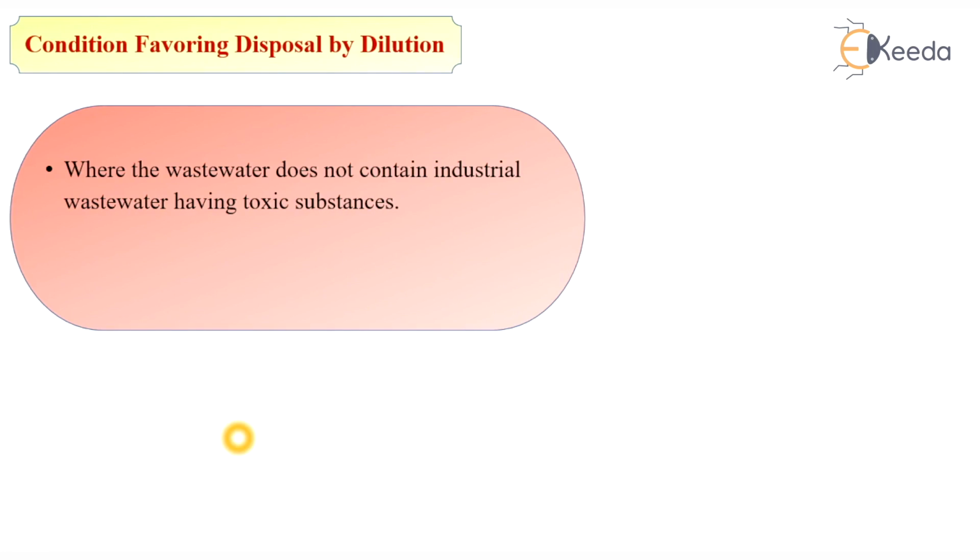Where the wastewater does not contain industrial wastewater having toxic substances. As we already discussed, when we are disposing sewage into the natural body, it contains some amount of dissolved oxygen, but industrial wastewater doesn't have any dissolved oxygen, because it is highly polluted, and when it is directly discharged into the water bodies, it will be harmful for the aquatic life because of depletion of the dissolved oxygen content.